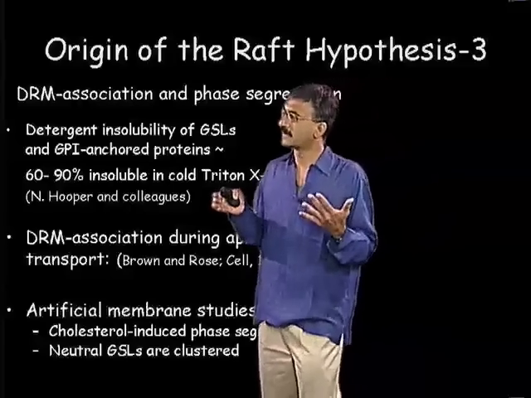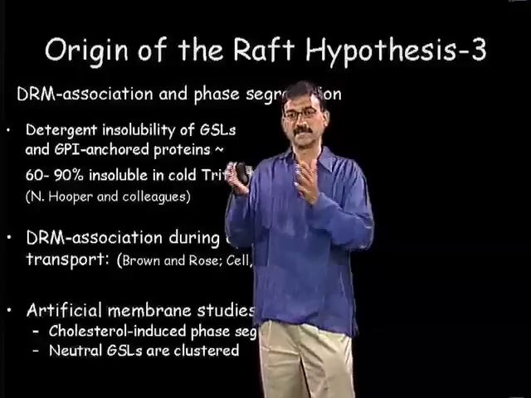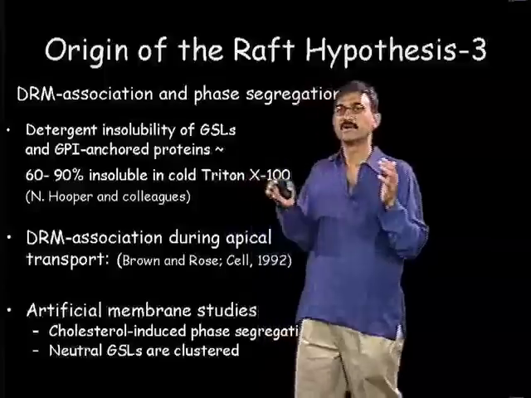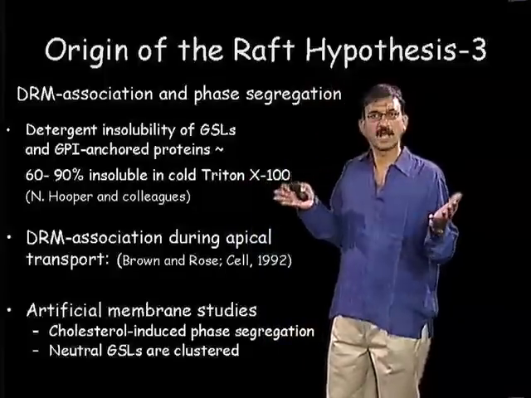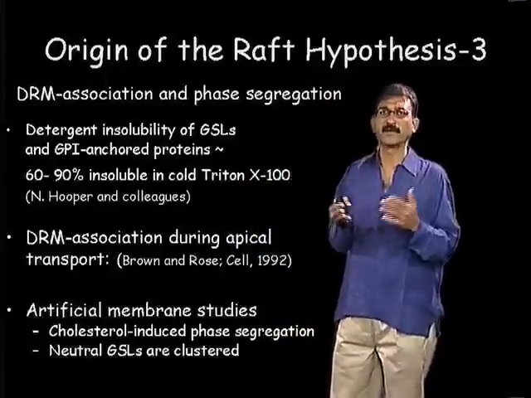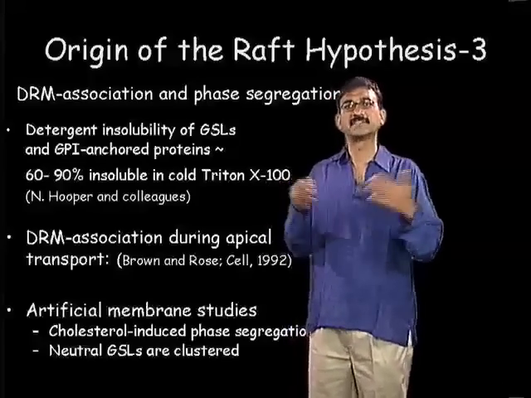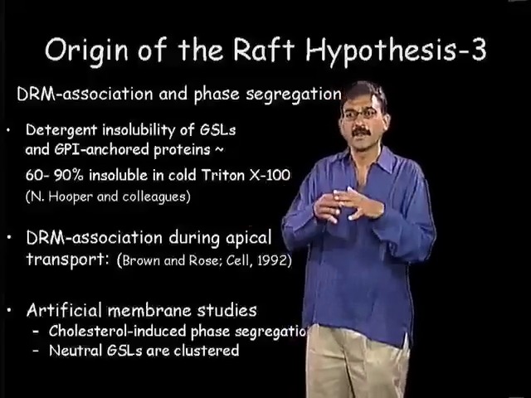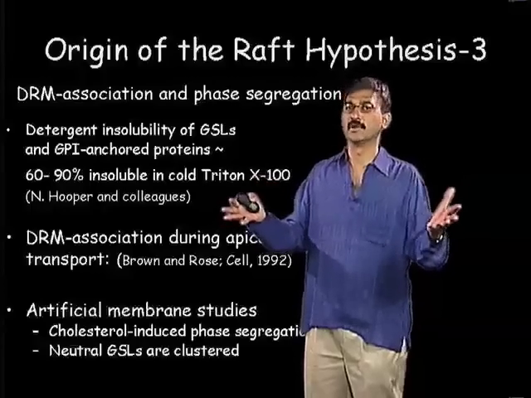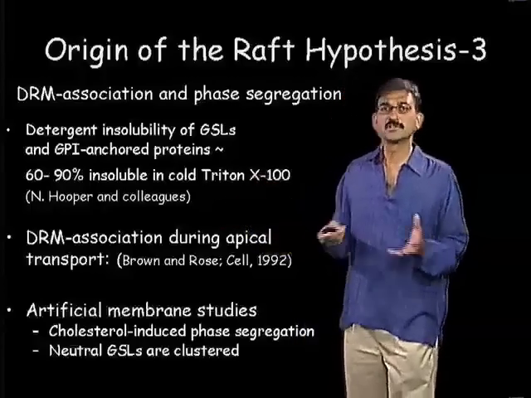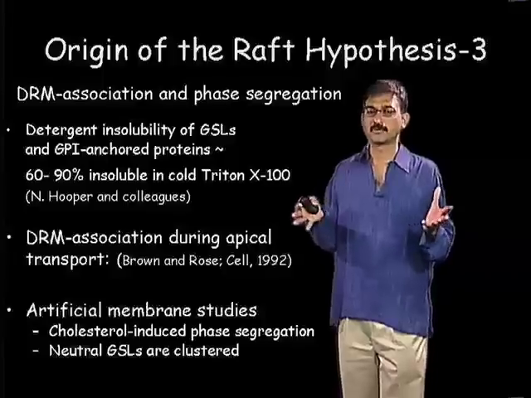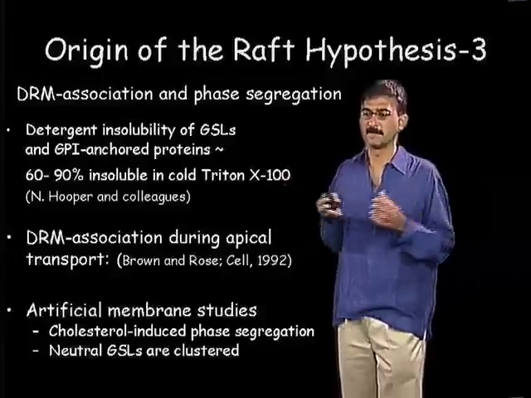Coupled with that notion of the detergent-resistant membranes, there were studies in artificial membranes where it was observed that cholesterol induced phase segregation of homogeneously mixed lipid components. Neutral sphingolipids were also found to be clustered in these artificial membranes.